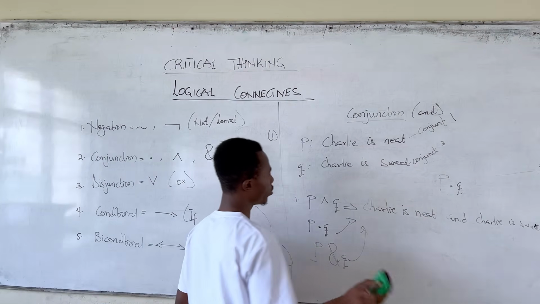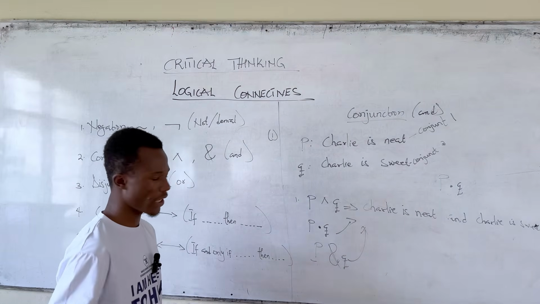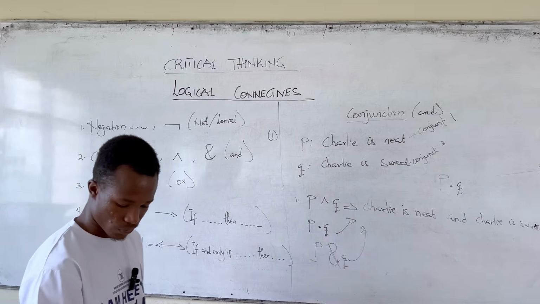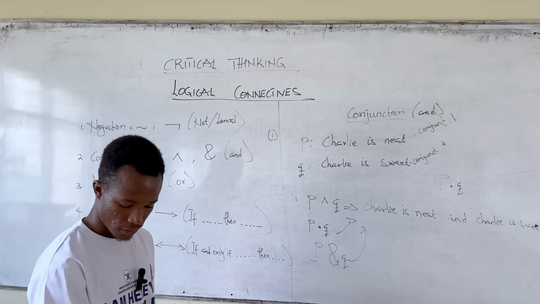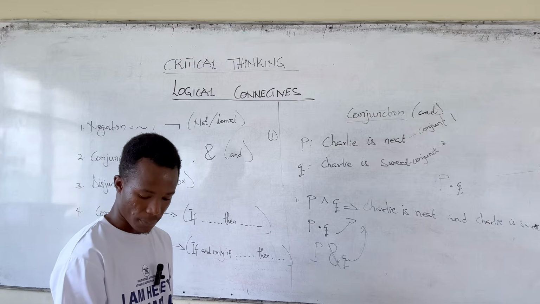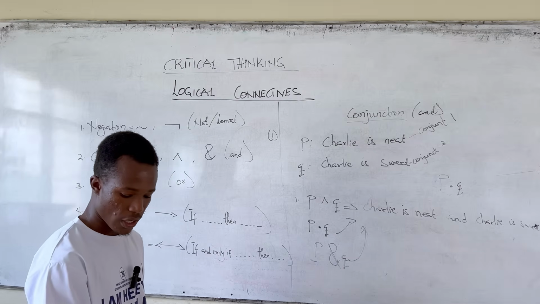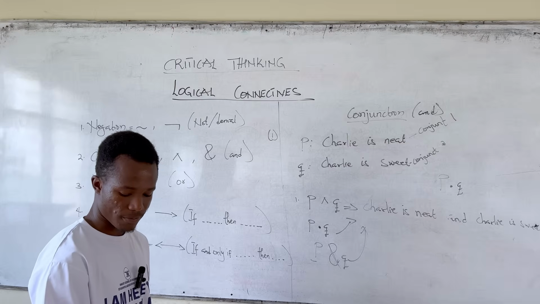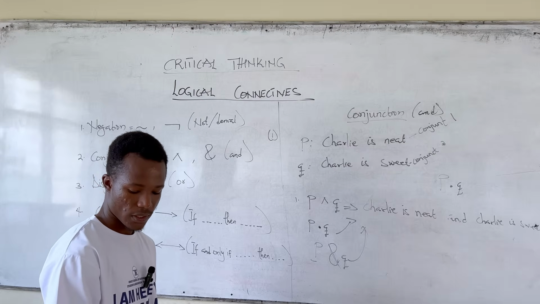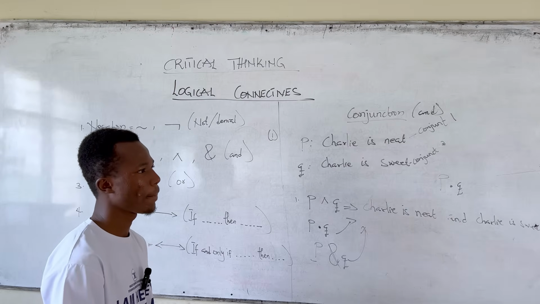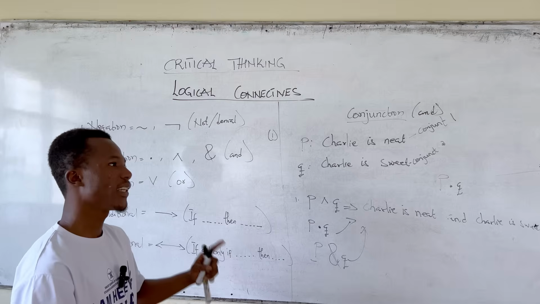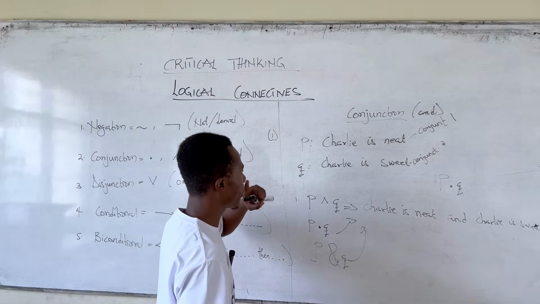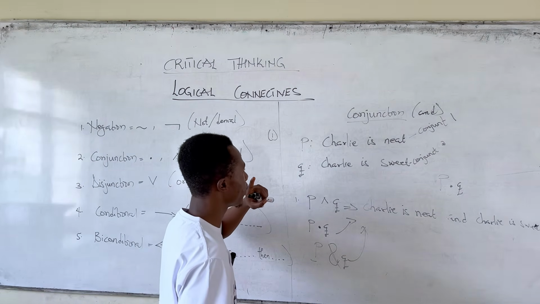Okay, so the truth table, what they are trying to tell us is that I want to use a scenario. It is vice versa, so definitely you will get it. Okay, so let's say it this way.